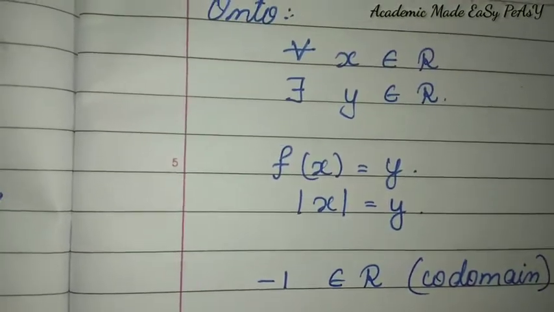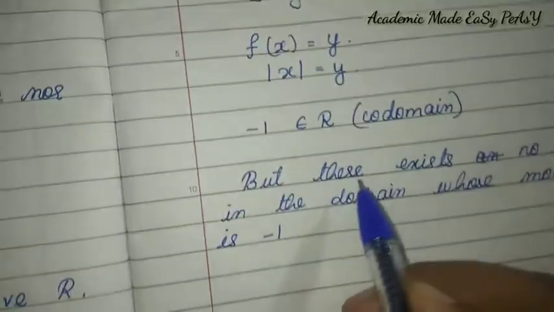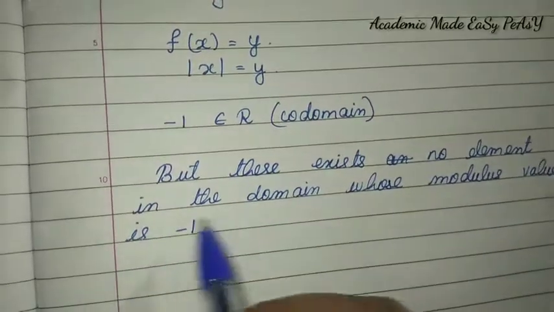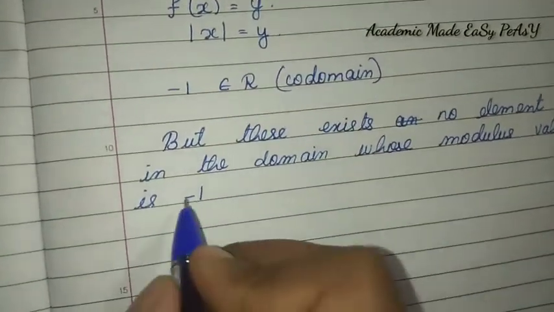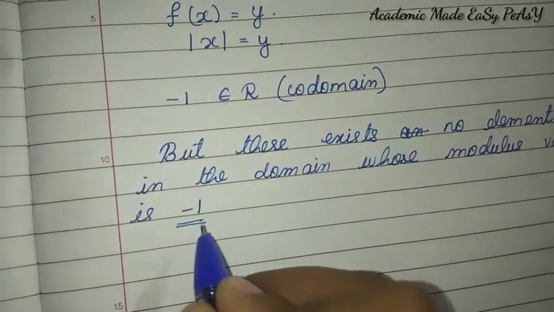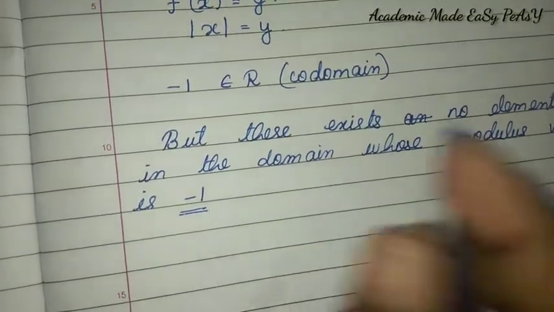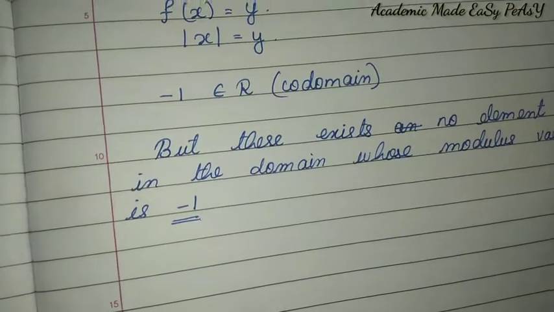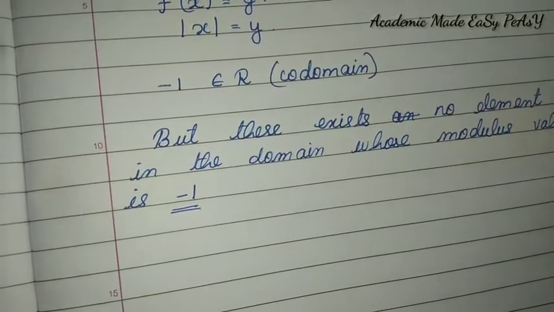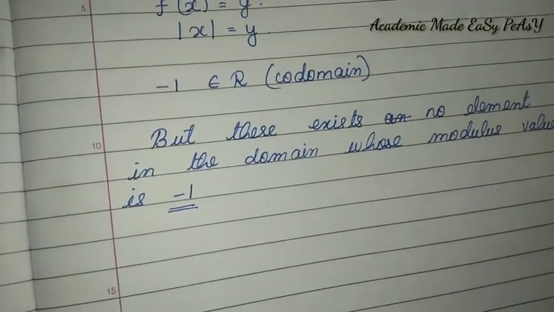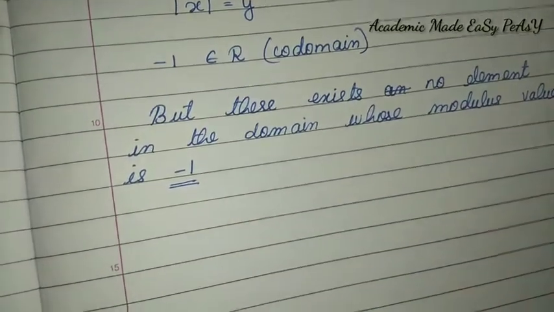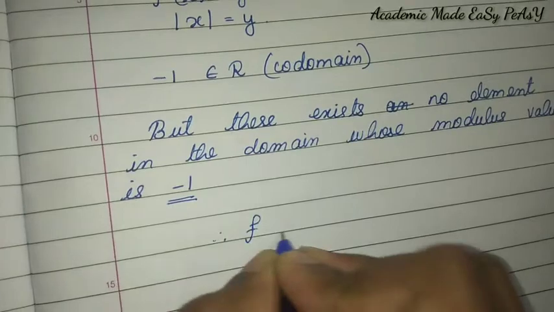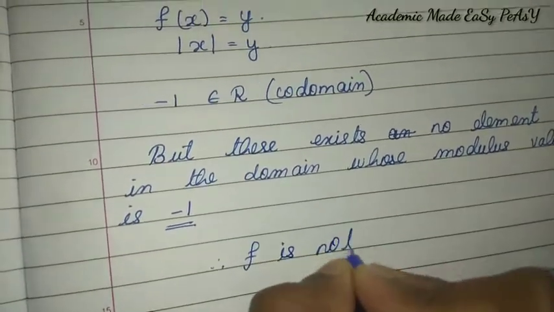In the codomain. But there exists no element in the domain whose modulus value is negative. So we won't get minus 1 in the range. So real numbers consist of both negative as well as positive, but modulus function will always give us what? Positive. But here there is no negative, so it is not onto. Therefore, f is not onto.